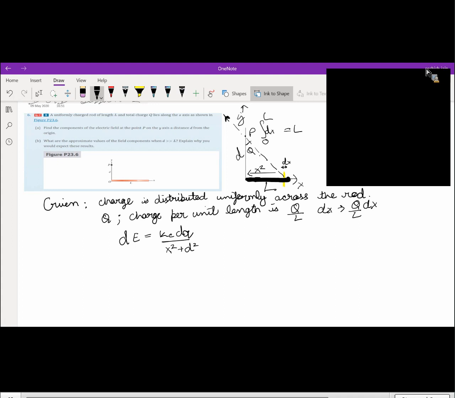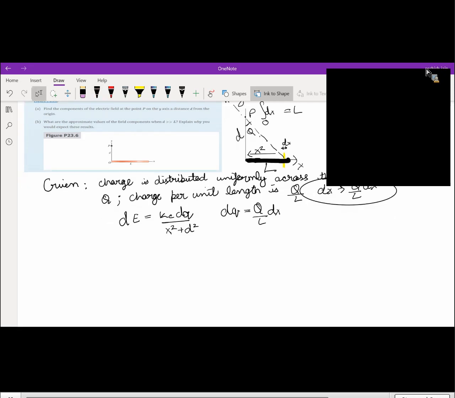It's not a derivative. You got it? Where dq is the charge in the length element x. That's what we computed there.